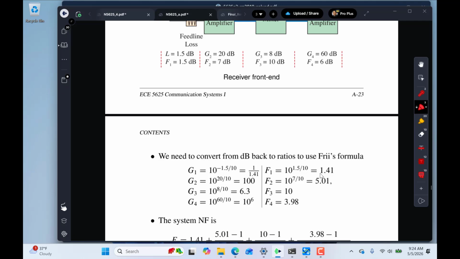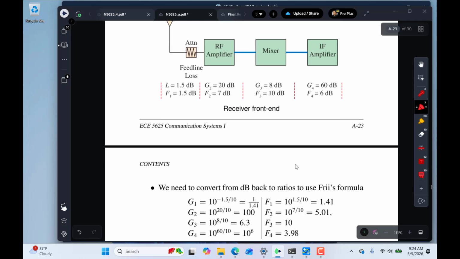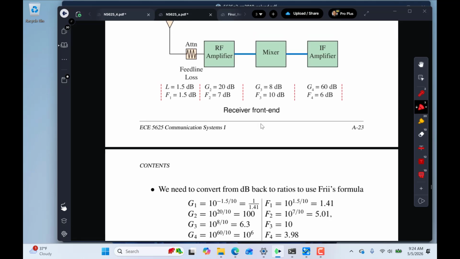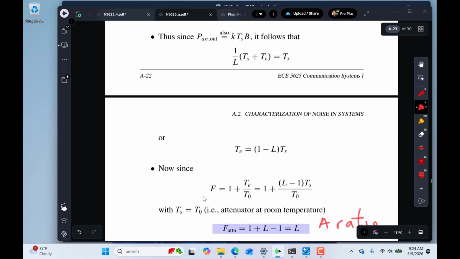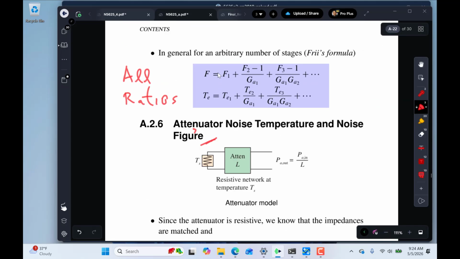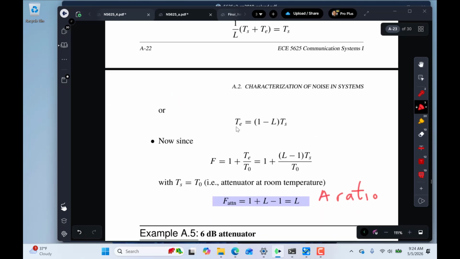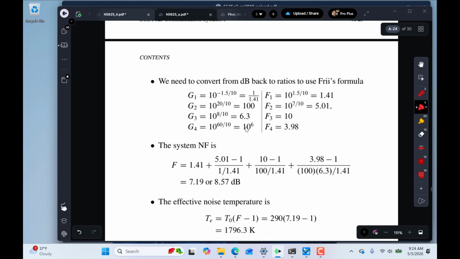So the attenuator is just the 1.414 in this case because it's a feed line loss of 1.5 dB. But just track this all the way through, and now you can use the noise figure equation, which was the upper one, or you could switch to noise temperature if you wanted to.